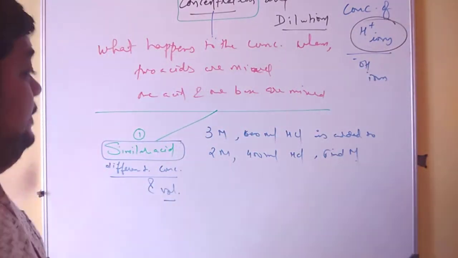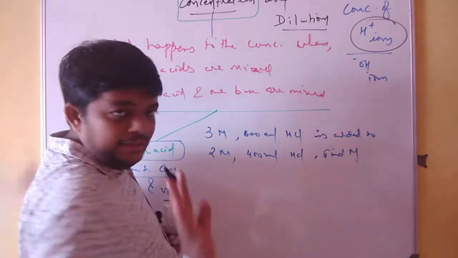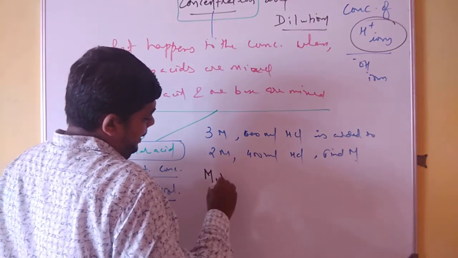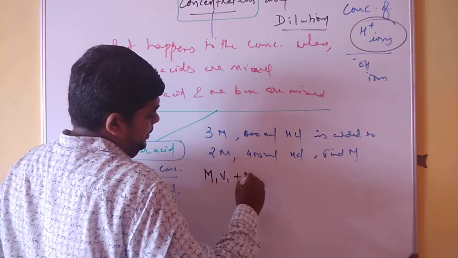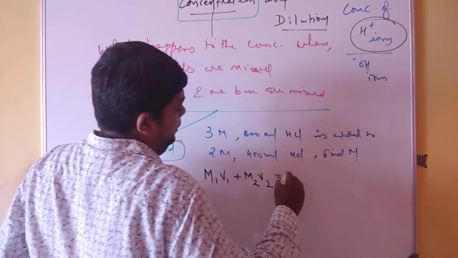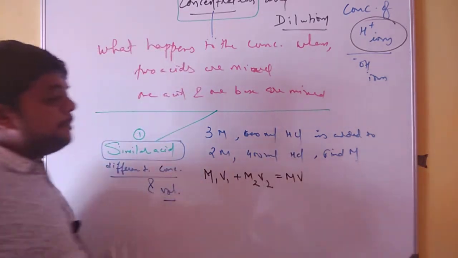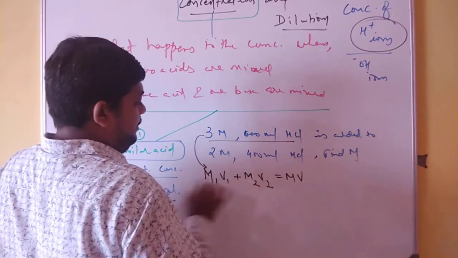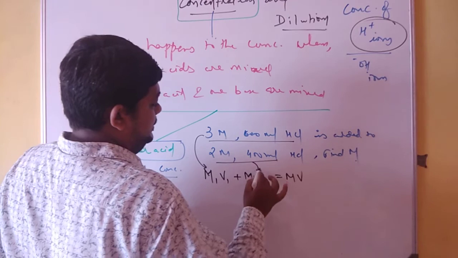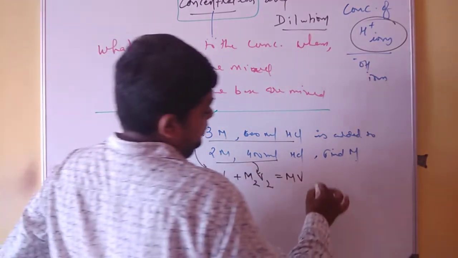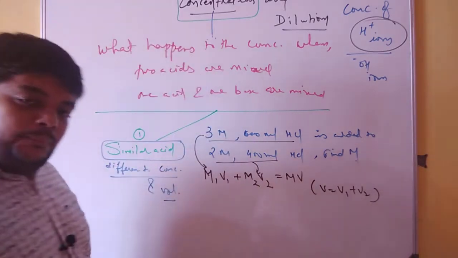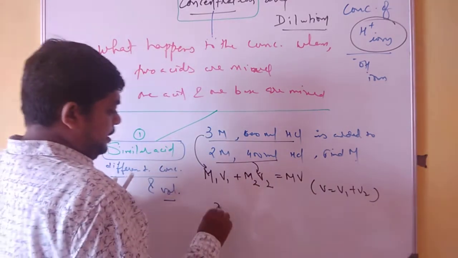H plus ions, we are interested in that, but we will calculate in general. My formula would be M1V1 plus M2V2 equal to MV, where one set is M1V1, another set is M2V2, V is equal to V1 plus V2.